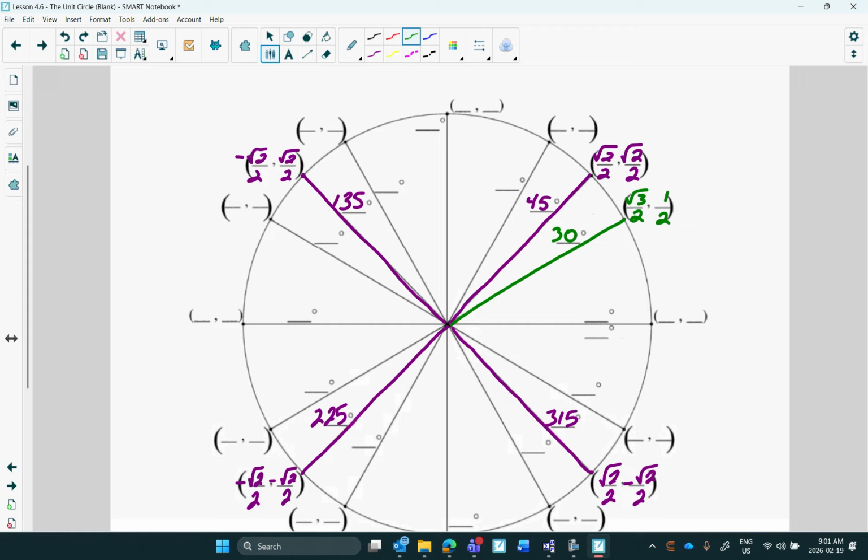The family member in quadrant 2 is here. What's the angle? 180 minus 30, which is 150. And yes, you are right, it will be negative root 3 over 2, and 1/2 is still positive.